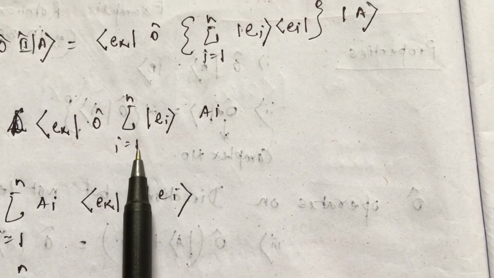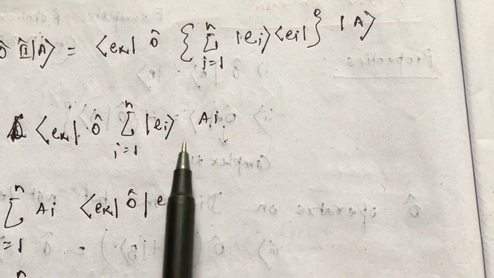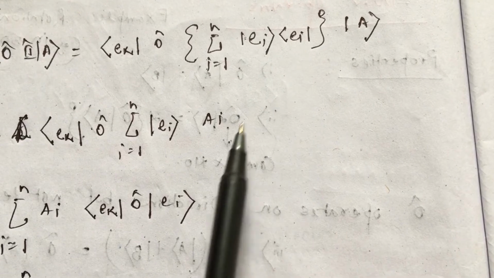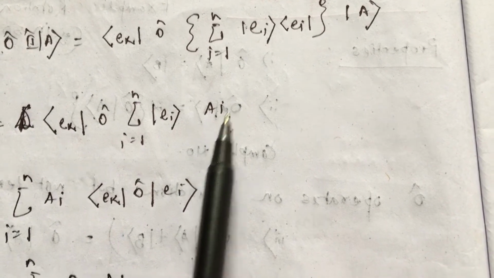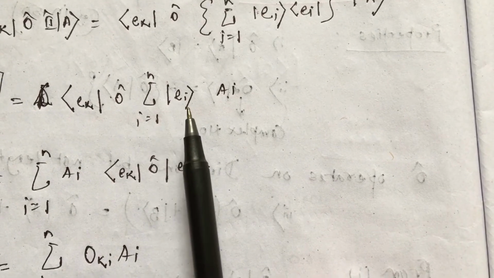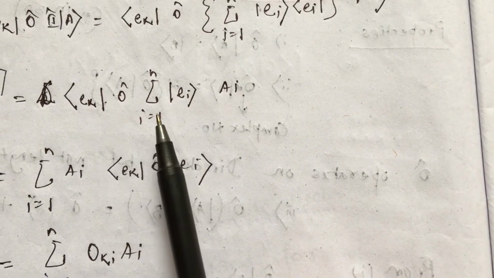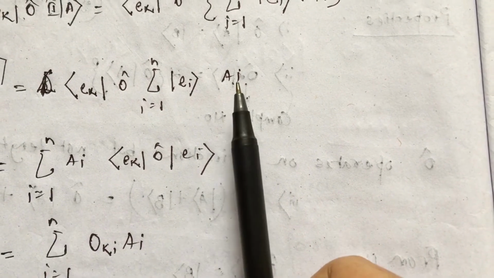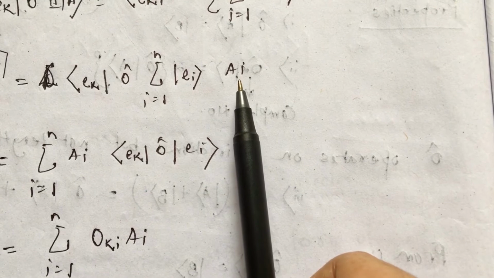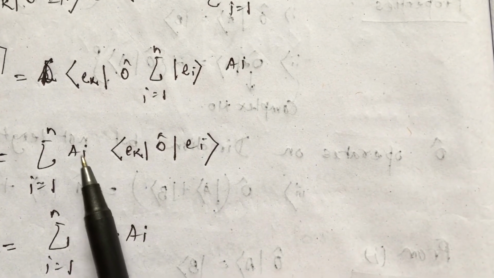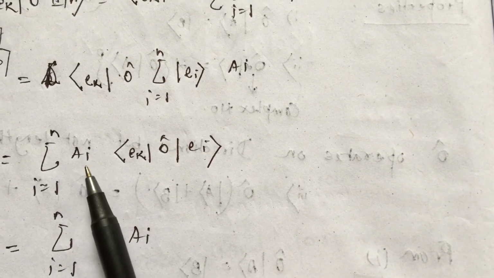Now in the second line, <Ei|A> is nothing but the component of the A vector in the Ei basis, which is nothing but Ai. This summation has nothing to do with this ket or bra vector. It's just a notation, just a process, so I can take it outside. This is a complex number, so I can write it wherever I want to write. So I am taking it here in front.